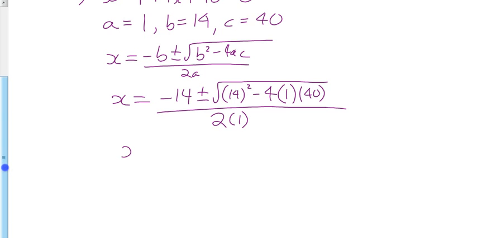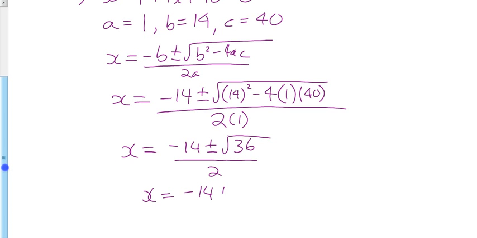And so the square root, you could just work this out at this point. What's that? 196 minus 36. Ah, it did factor. So much for you guys. So x is negative 14 plus or minus 6 over 2.